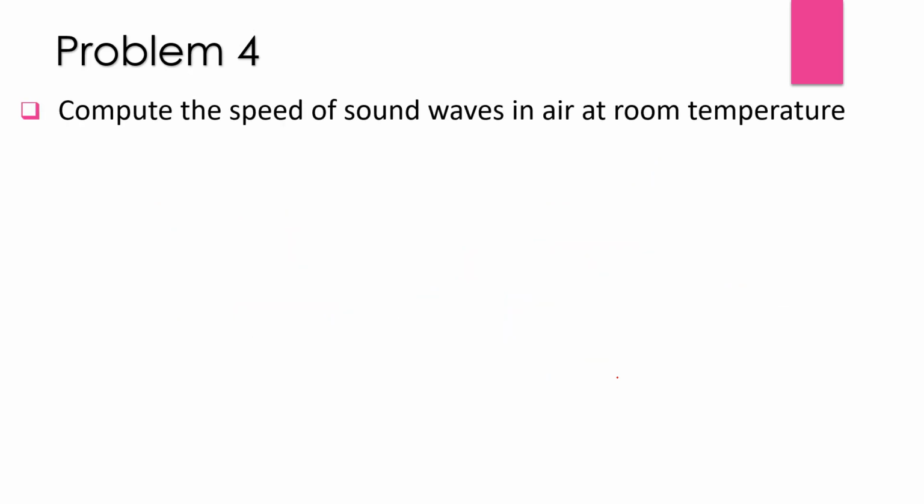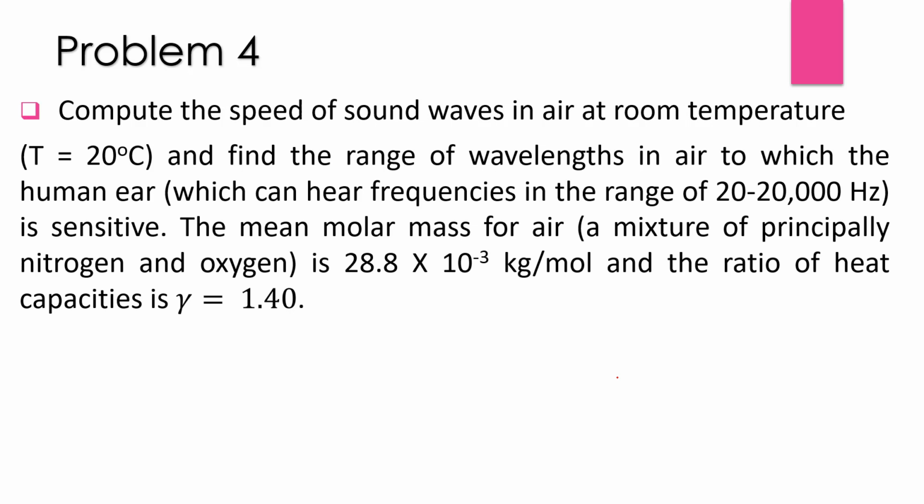Next, compute the speed of sound waves in air at room temperature. Say at room temperature, the temperature is around 20 degrees Celsius, and find the range of wavelengths in air to which the human ear is sensitive. Okay, the audible range is around 20 hertz up to 20,000 hertz.